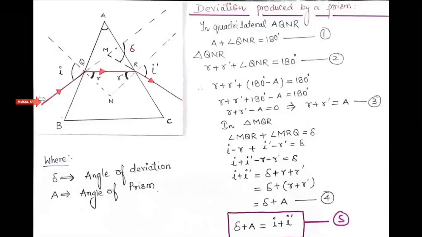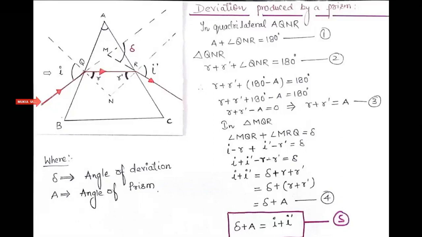All of you know that when an incident ray in a rarer medium enters into a denser medium, it will bend towards the normal. So this incident ray moves into the denser medium and bends towards the normal.